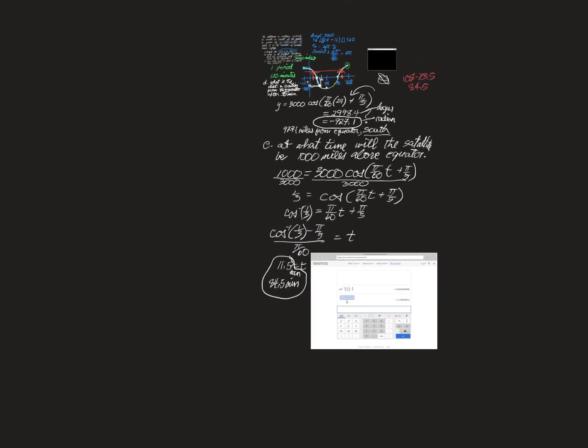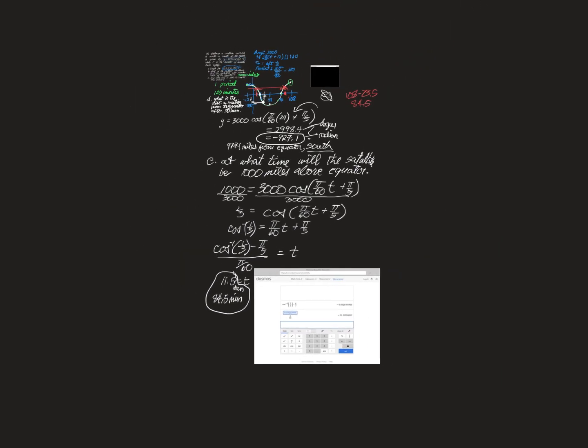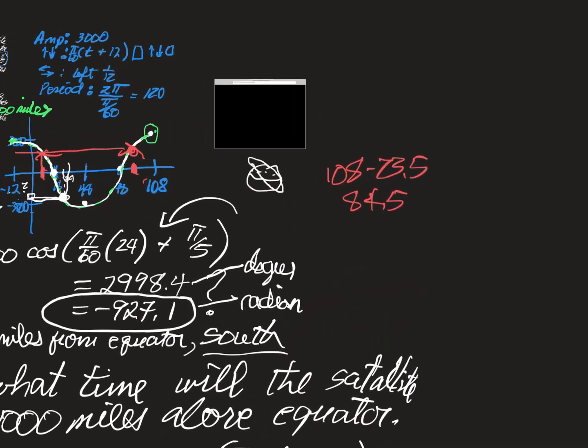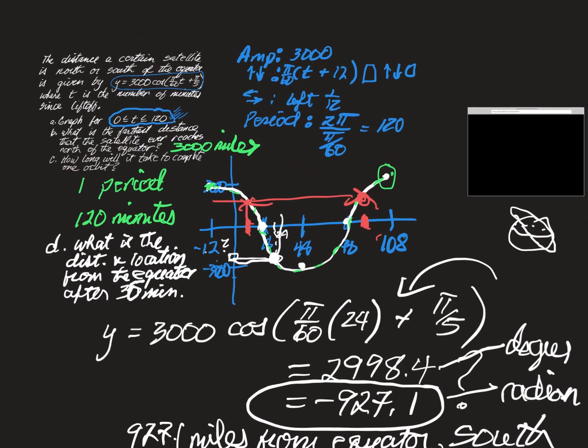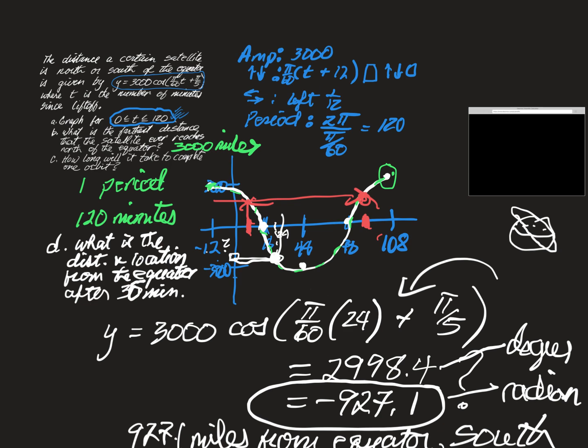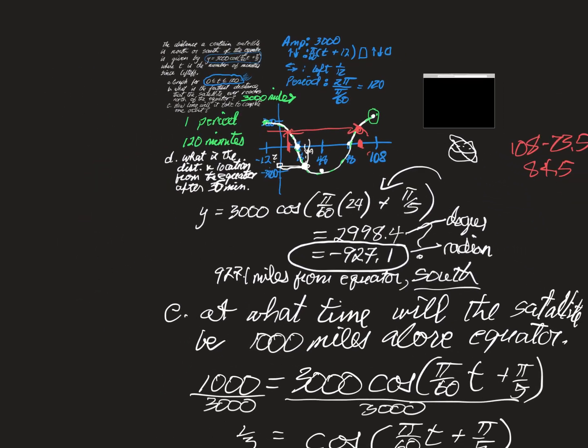So there's everything, 5 questions, nice, right? Quick review, let's go back. We had a formula, they asked us to graph, they asked what the furthest distance was, that was amplitude. They asked how long it would take to complete one orbit, that was 120 minutes. And then I added 2 questions.